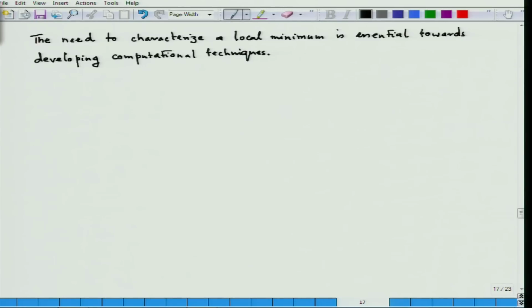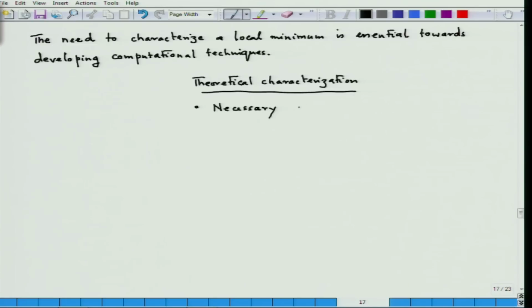So, in the theoretical characterization there are two things that we really have to bother about. There are two aspects of it, namely the necessary condition and the other is the sufficient condition. Now, what do these two conditions do?